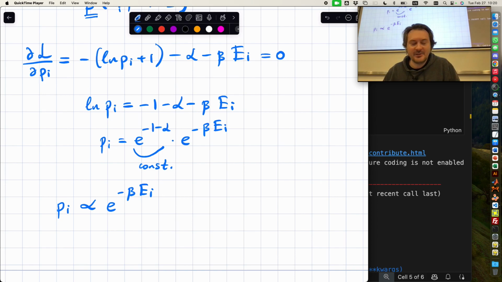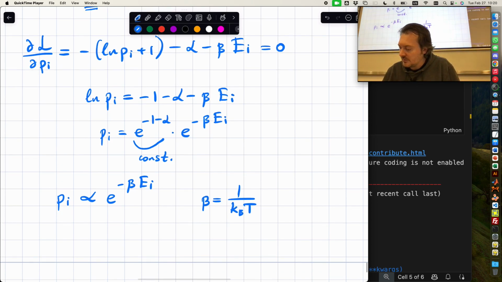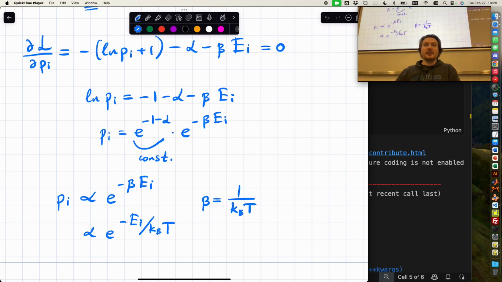Later on, we will not show this, but we know that beta is 1 over kBT. So this is just proving Boltzmann's relationship in a very general sense, that this is the case. Okay?